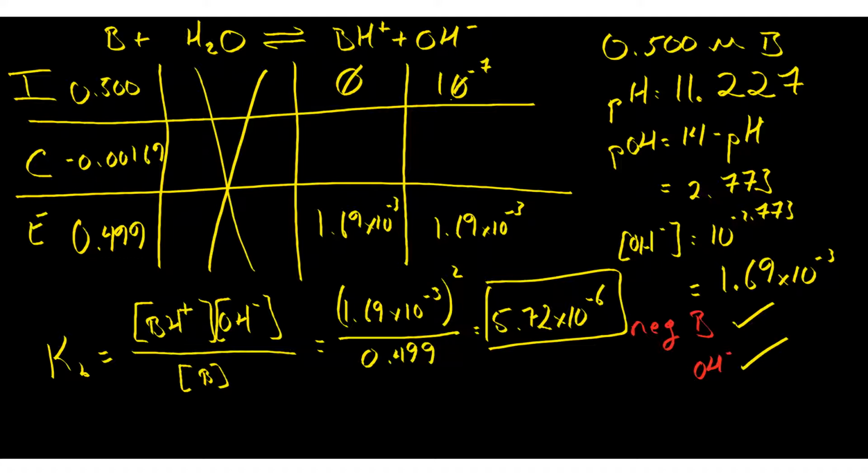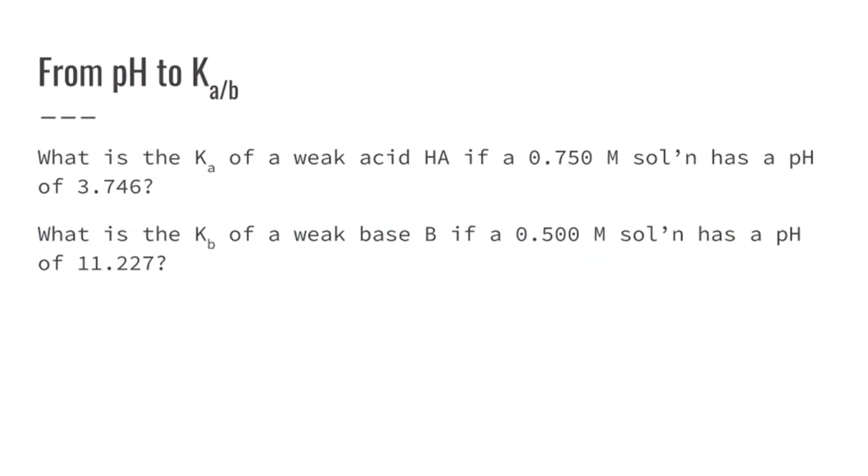And just for comparison, what would we have gotten if we had left it as 0.500, just assuming it was negligible? It's 5.71 times 10 to the negative sixth. So yes, it absolutely was negligible. It showed up, even though it didn't round out. It didn't really make a difference. We could have left the equilibrium concentration of B as 0.500, and it wouldn't have made a difference.